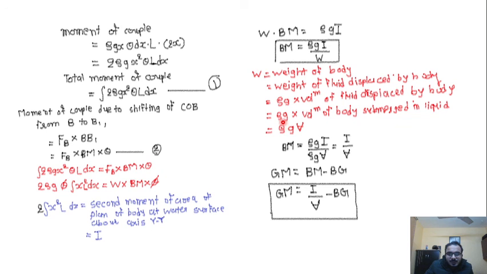Apart from this, we also have another method, which is the experimental method, to evaluate the metacentric height. However, that doesn't come under the theory part. So in a laboratory session, we will be learning the experimental approach to evaluate the metacentric height.